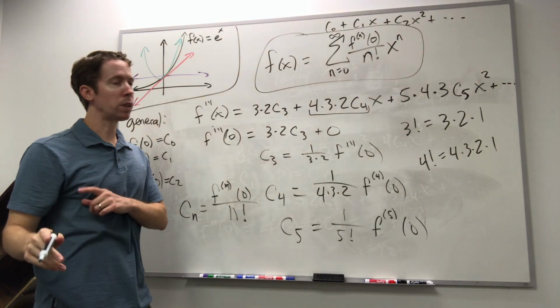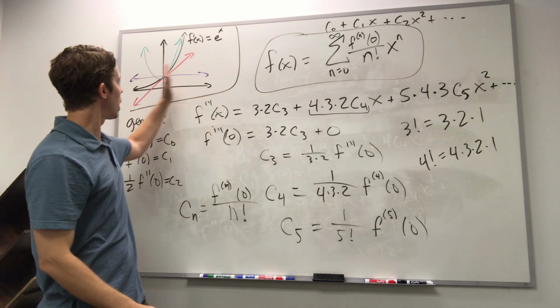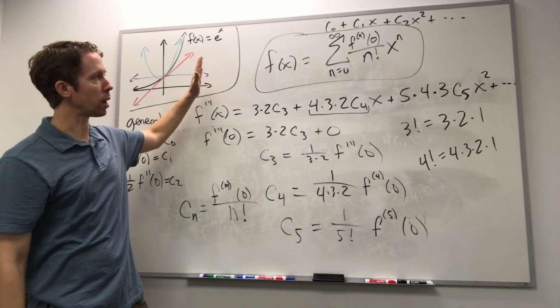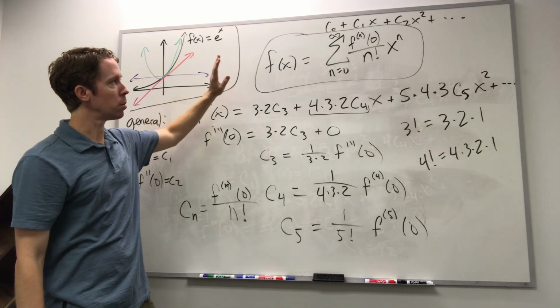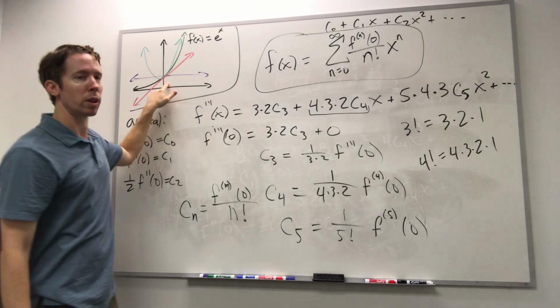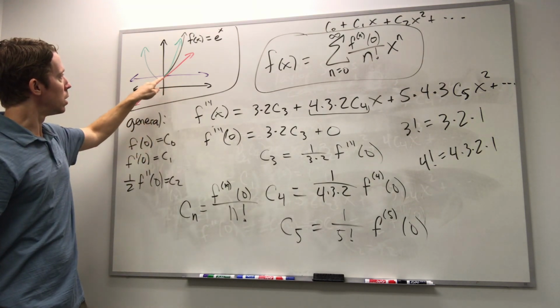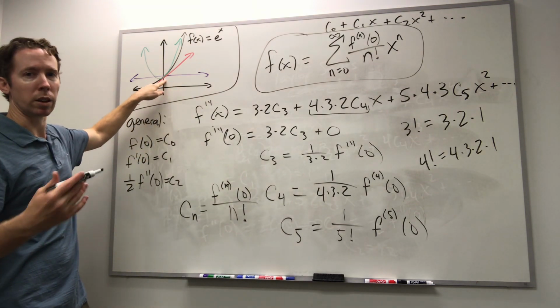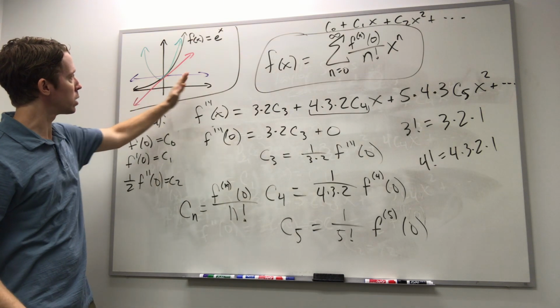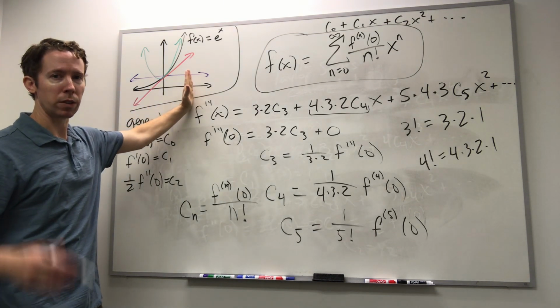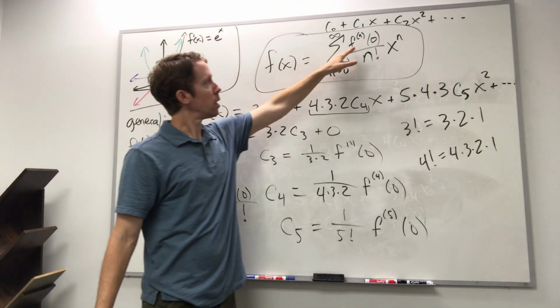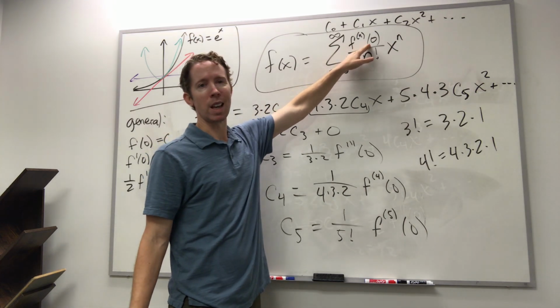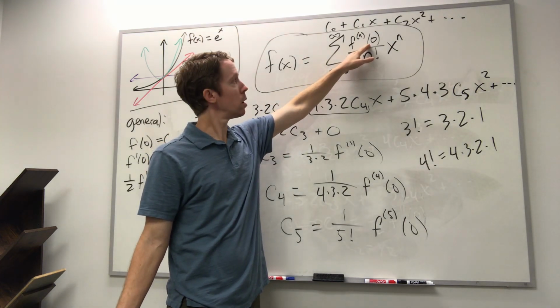If I want to shift this to some other value and not be centered at x equals 0, that's no problem. What I need to do is find the constant, the slope of the tangent line, the concavity, and so on at that specific point. So if it's x equals a, then I evaluate all of these derivatives at a instead of 0.